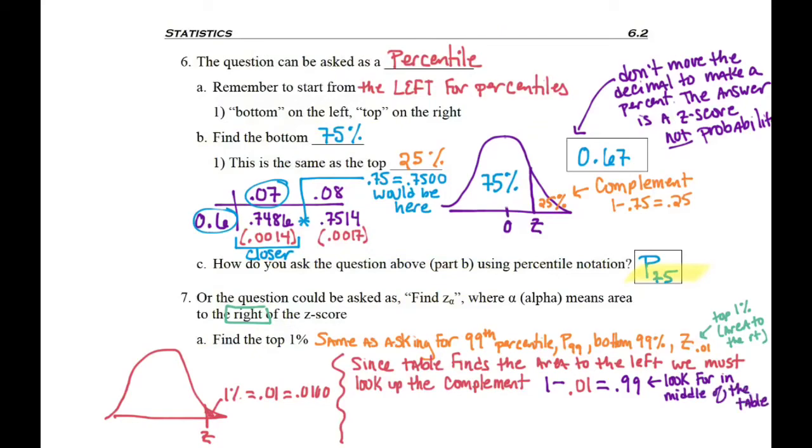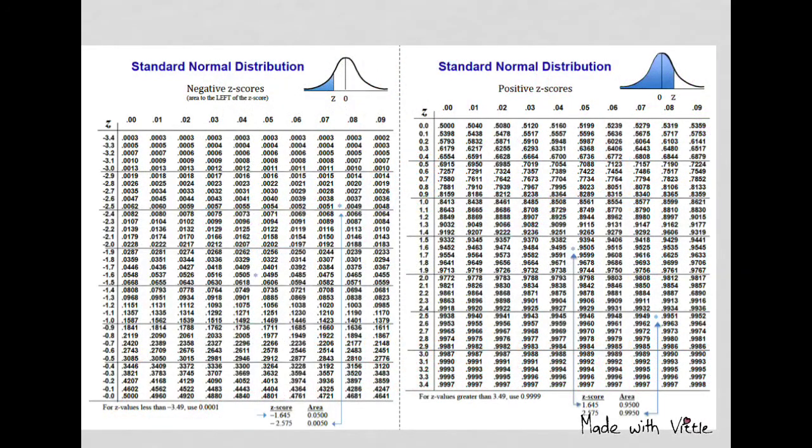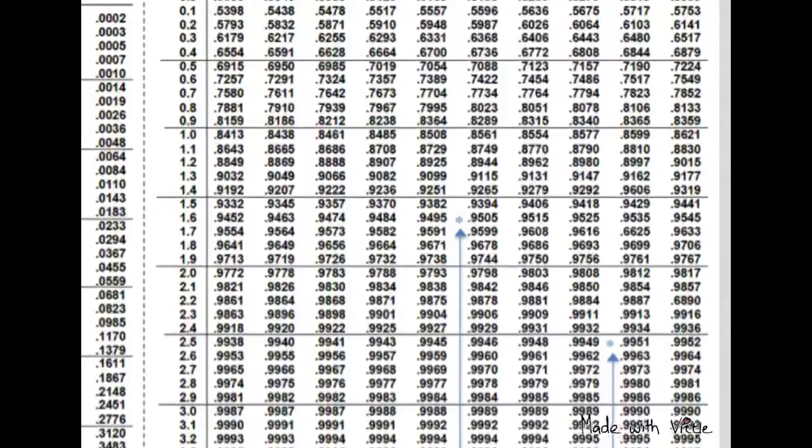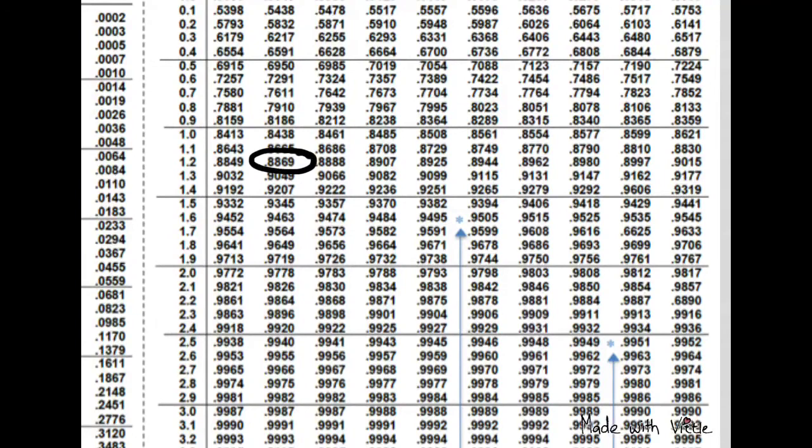So let's go to the table. Now I'm looking for 0.99 in the table, and this time I'm being wise, and I knew that for the top 1%, I'm going to have a positive z-score, so I'm going to start with this table only. And like I told you, I jump all around. That number's too small, that's still too small. Wait, 9911 is too big, so I've got to be getting closer.